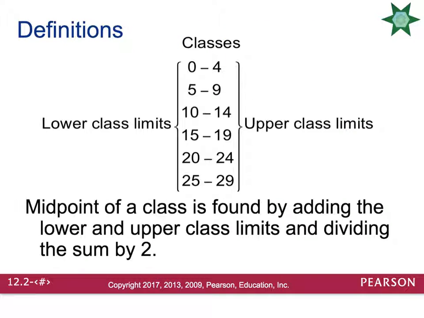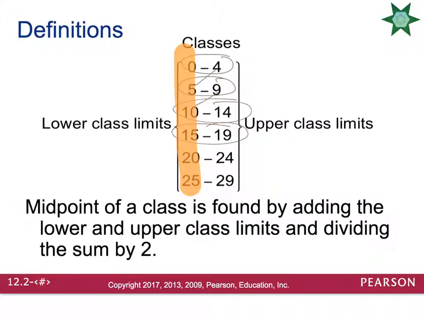Here's an example. If you notice, I'm going between 0 and 4, 5 and 9, 10 and 14, 15 and 19. Notice that the upper limit of the first class is related to the lower limit of the second class. The items on the left-hand side are called the lower class limits. That just means it's the bottom boundary.